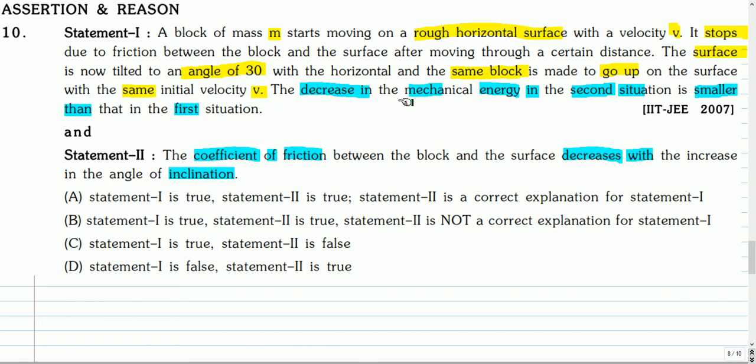The decrease in mechanical energy in the second situation is smaller than in the first situation. Statement 2: The coefficient of friction between the block and the surface decreases with increase in the angle of inclination. Four options are given. We have to check whether statements 1 and 2 are true or false, and whether the two statements are related.